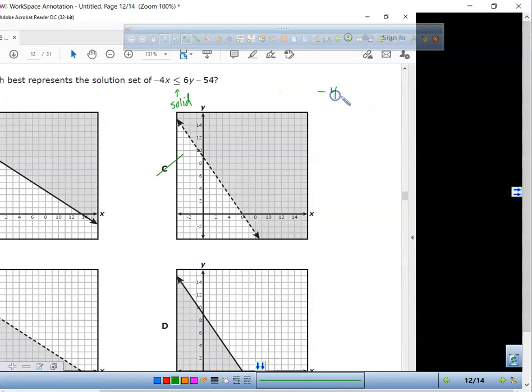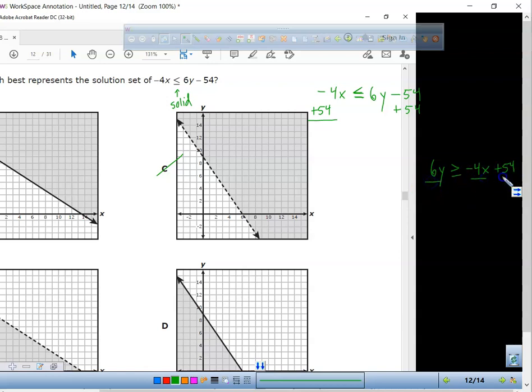Ready? Negative 4x is less than or equal to 6y minus 54. What I would like you to do right now is add 54 to one side, add 54 to the other side. Here's what you have left. You have 6y. Do you see how this is facing it? I'm just going to keep it facing it. So it's greater than or equal to negative 4x plus 54.